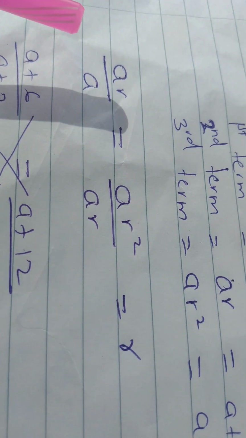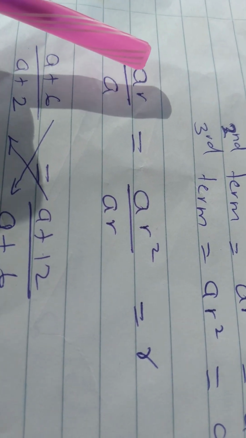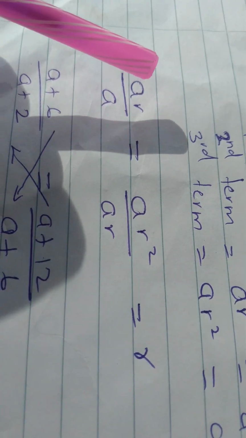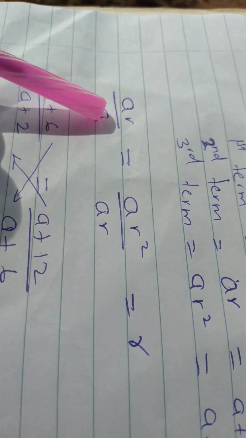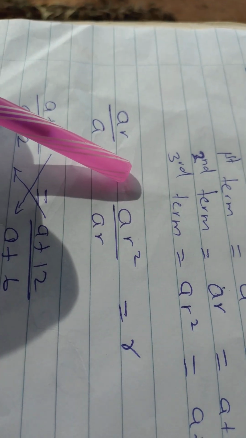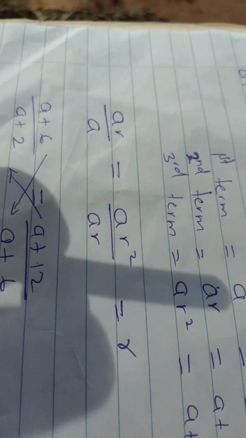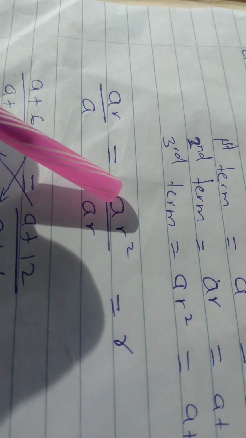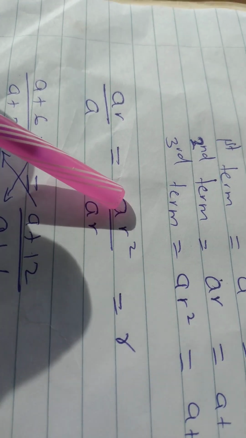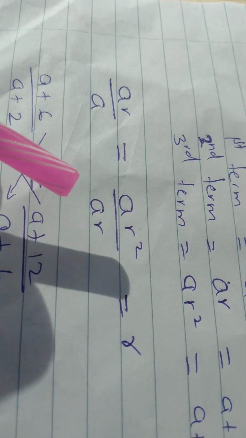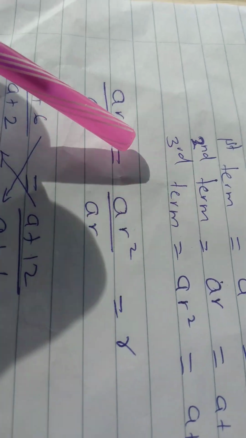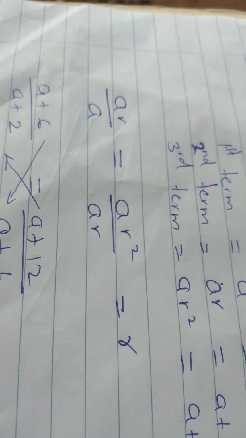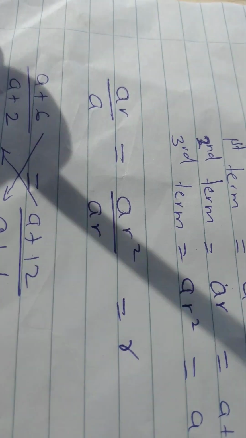Applying therefore the formula, if you divide A times R, the second term of a GP, by the first term, A and A will cancel and you get R. And also if you divide the third term, which is AR squared, all over AR, A and A will cancel and R will cancel with the R squared, and we remain with R.